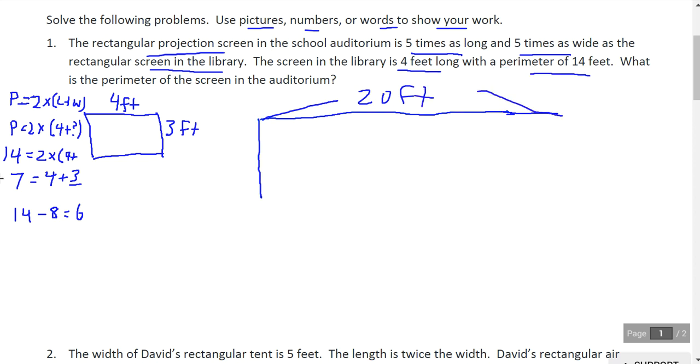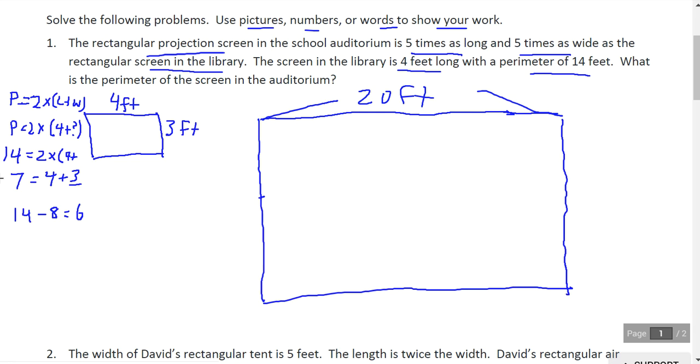Then it is going to be 5 times as wide, so this is 3, and 3 times 5 is 15 down this way, 15 feet. So you can see it's quite a bit bigger. So this one's going to be 15 feet this way.